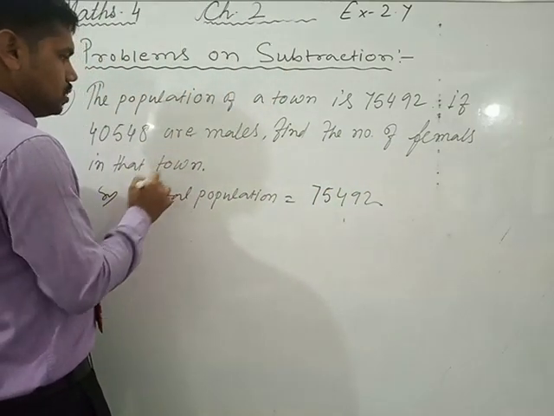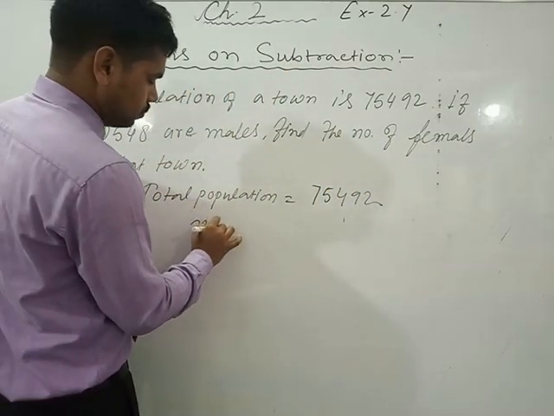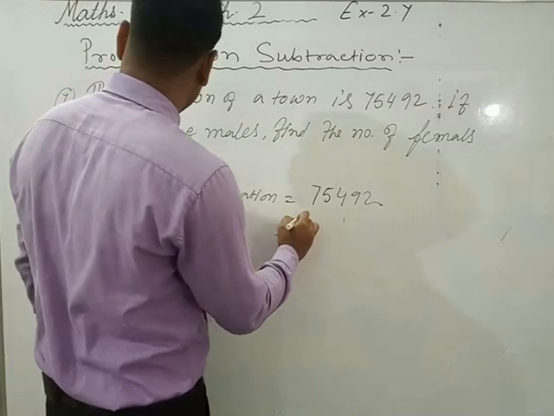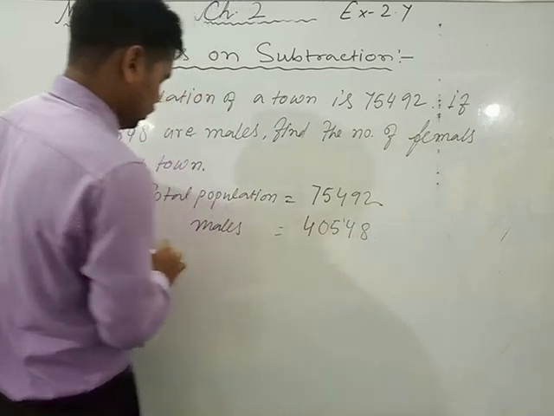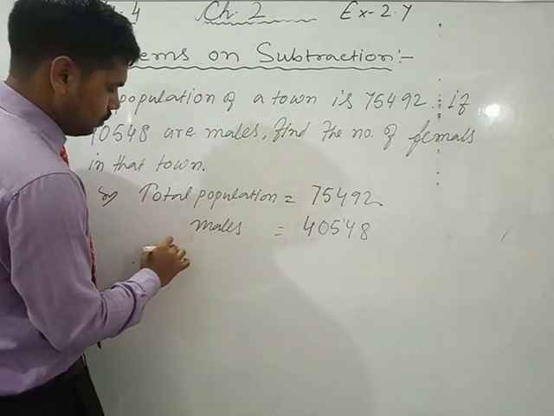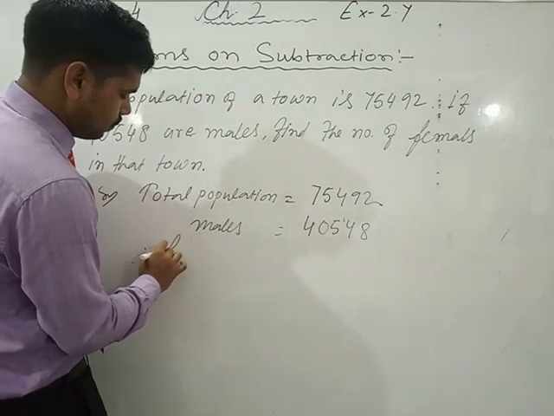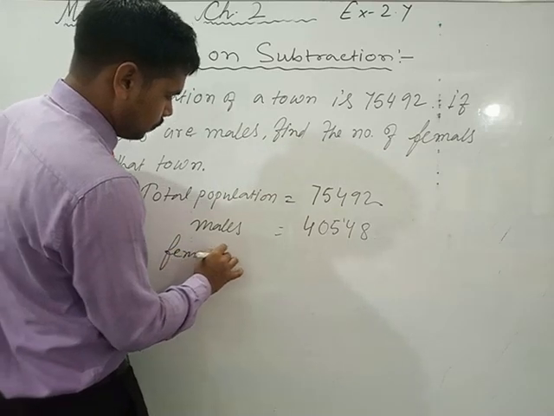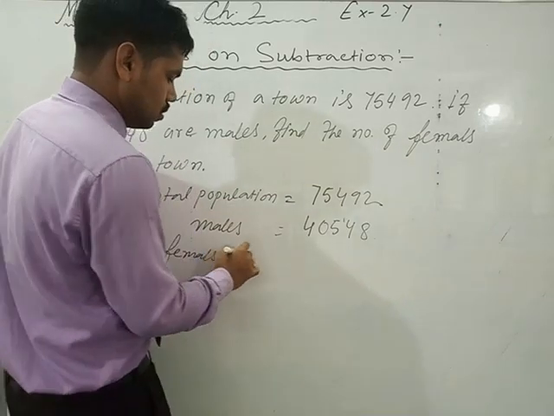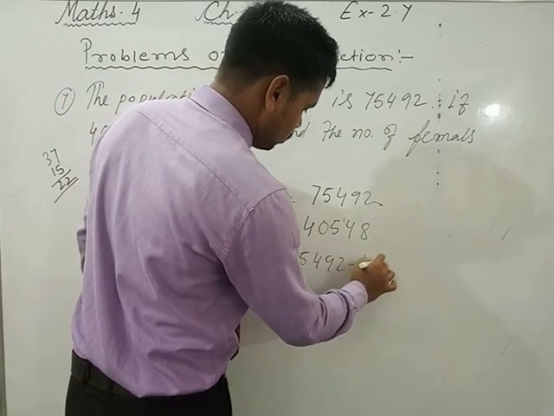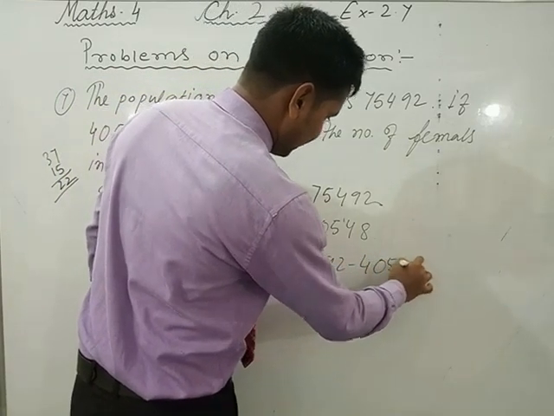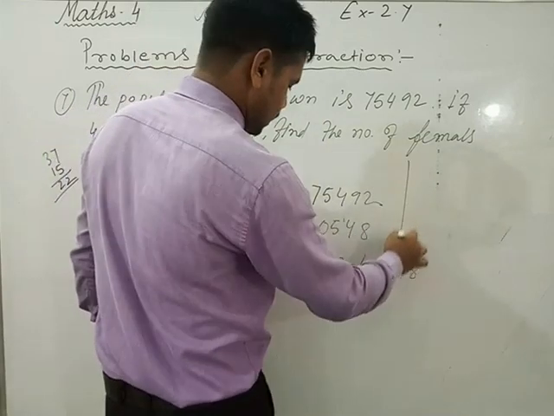Male population is equal to 40548. Therefore, the female population will be 75492 minus 40548. So let's take the subtraction here.